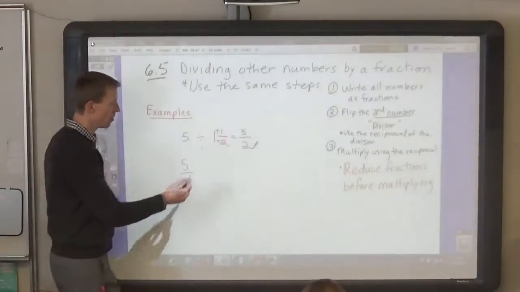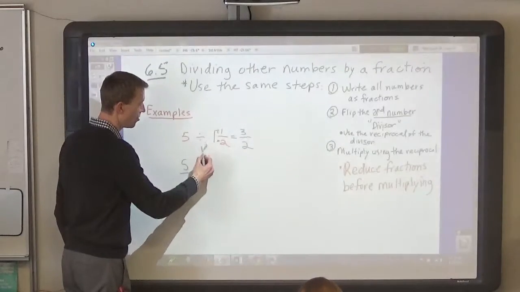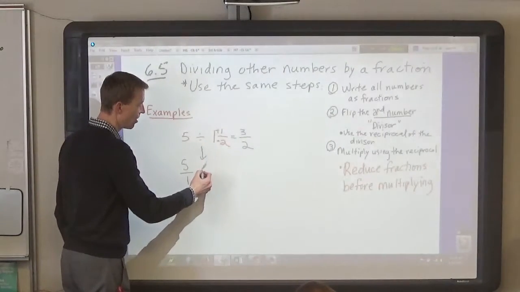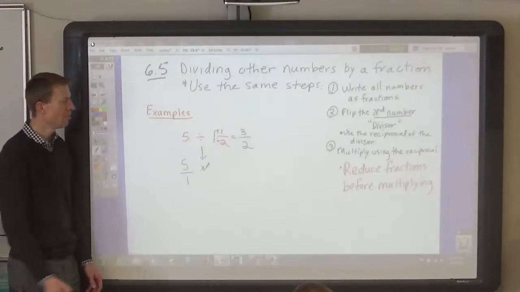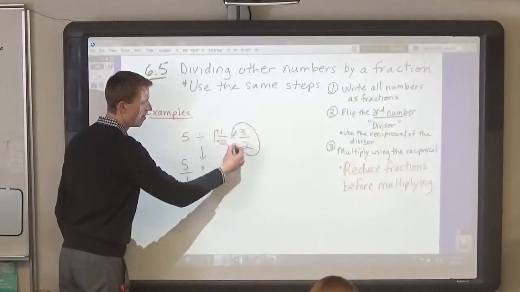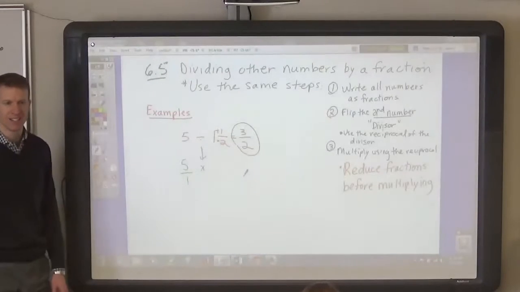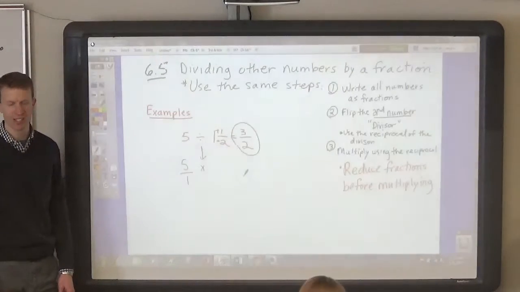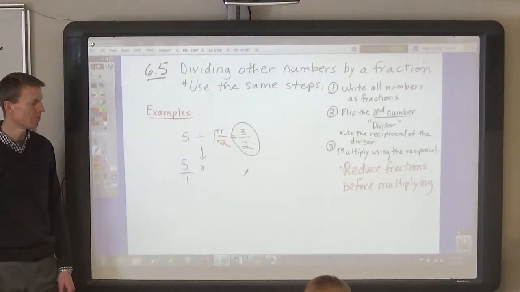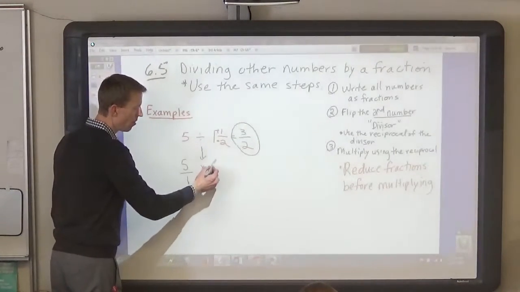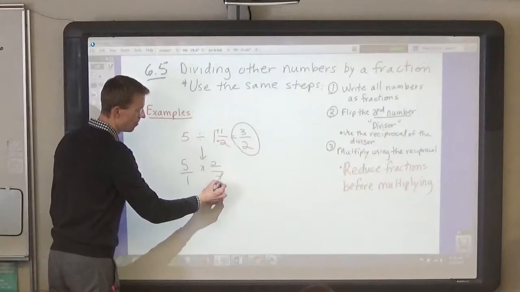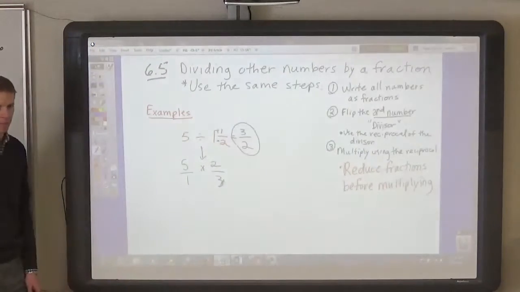And now we're going to change it to multiplication and use the reciprocal of the second number. So we're going to flip this to 2 over 3 and write the problem.